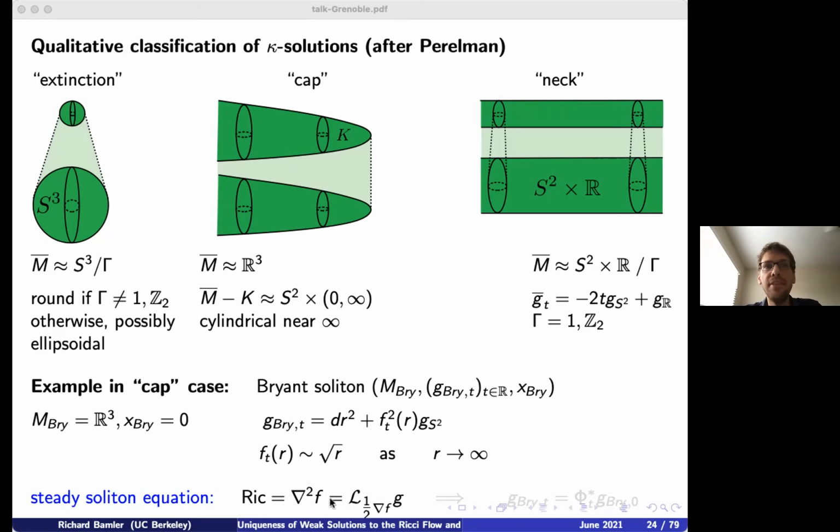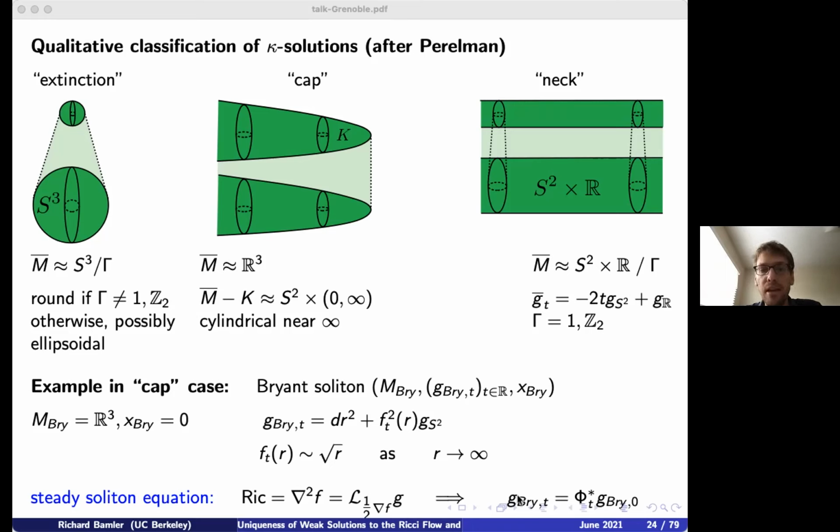And well, the Hessian of a function is equal to the Lie derivative of the metric along 1/2 times the gradient of this function. And so this implies that the Ricci flow corresponding to this metric remains constant modulo diffeomorphisms. Okay? So this means that essentially, if we deform by the Ricci curvature, then that's somehow the same as pulling back by a family of diffeomorphisms.